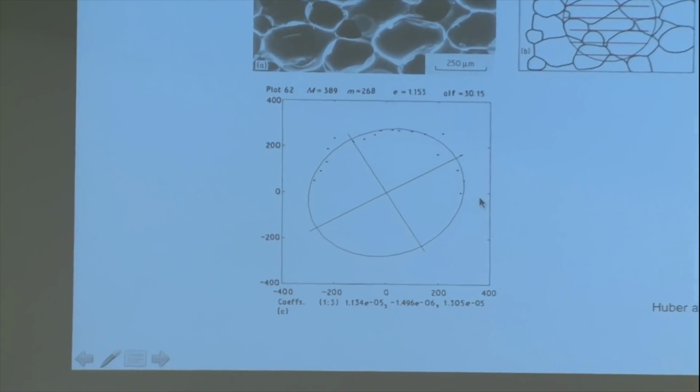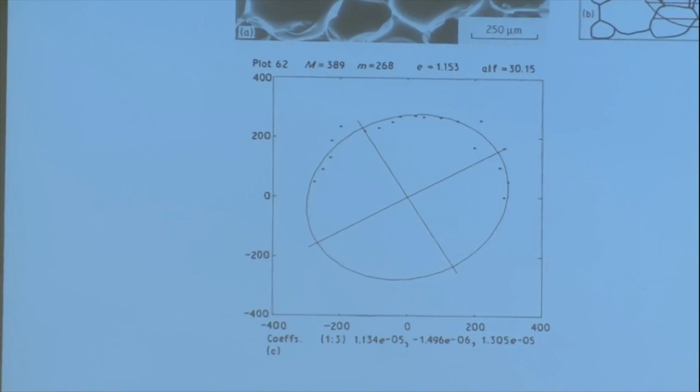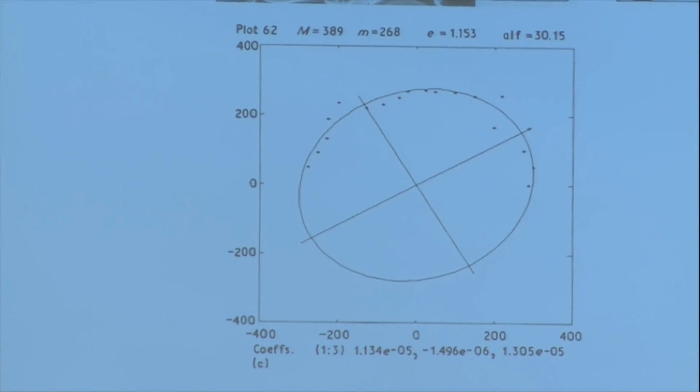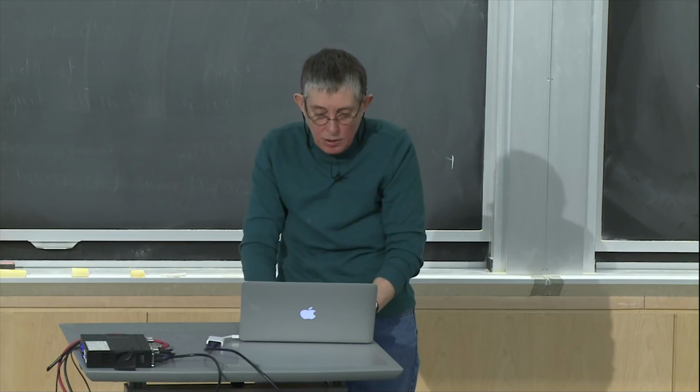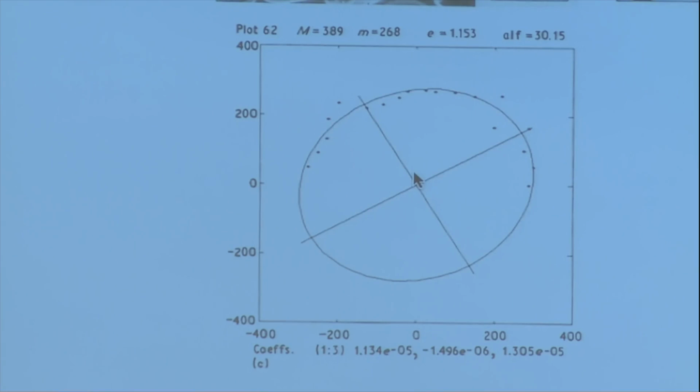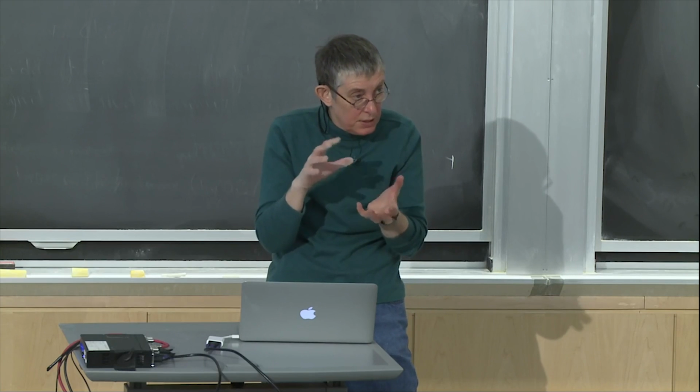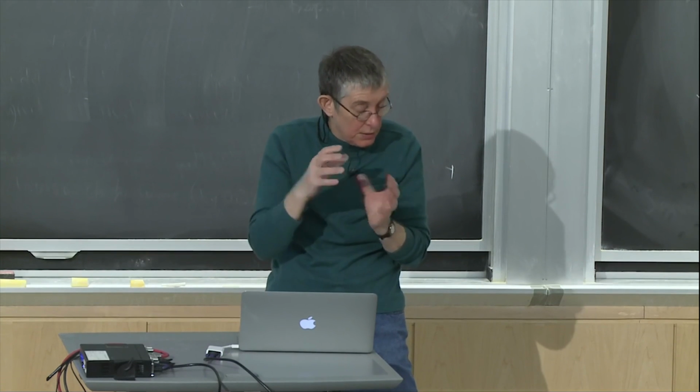So you plot your mean intercept length as a function of the angle that you measured it at, and you can fit it to an ellipse. And if you do it in 3 dimensions, you fit it to an ellipsoid. And the major and minor axes of that ellipse or ellipsoid are characteristic of how elongated the cell is in the different directions. And the orientation of that ellipsoid is characteristic of the orientation of the cells.